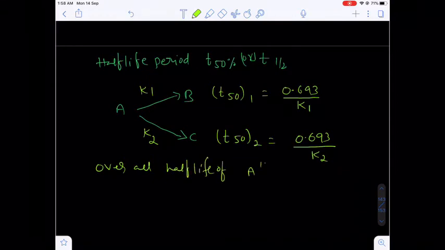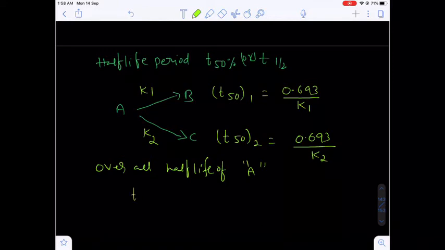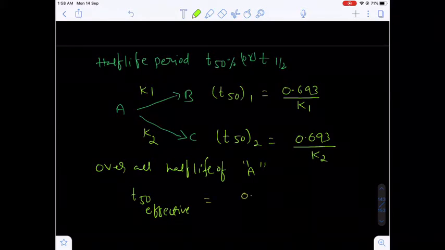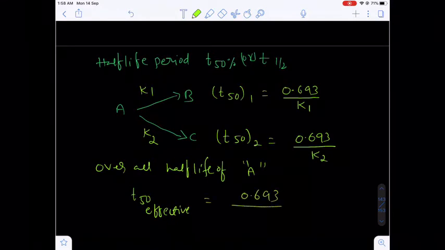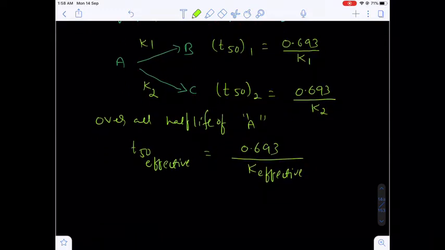Now I want to calculate the overall half-life of reactant A. So here T50 effective, otherwise effective or overall, is equal to 0.693 upon K effective. What is the K effective? K1 plus K2. Are you getting my point here?